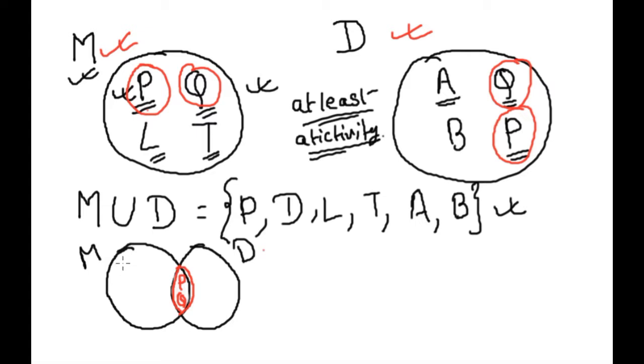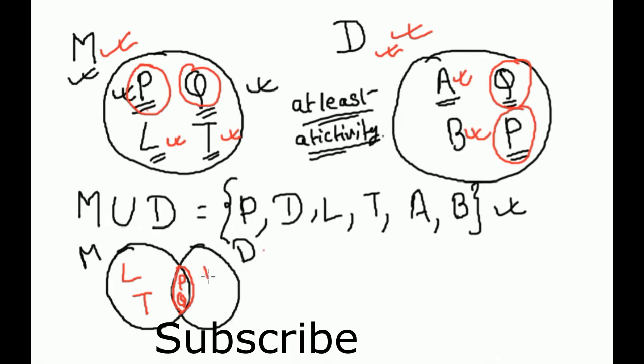And L only likes music, T only likes music, A only likes dance, B only likes dance. So in this way we can represent a Venn diagram also.